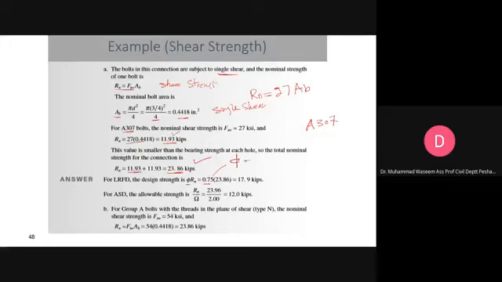Phi in this case is 0.75. For bearing case, this is still 0.75. This is phi 1, this is, let's say, phi 2. This was for the bearing. This was for the shear. This is the same. Now the factor of safety concerning ASD is the same.